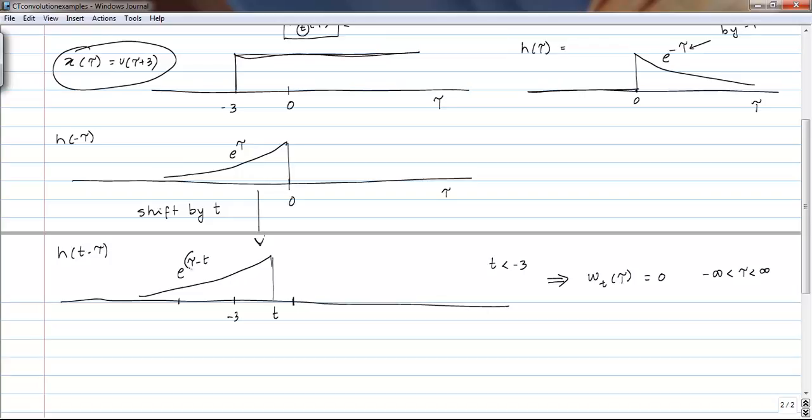Again, I got this tau minus t because we are shifting h of minus t by t units to the right, which means I'm replacing tau by tau minus t. So in this picture t is still negative, but it's just greater than minus 3. If t is positive, it's still going to look the same way.